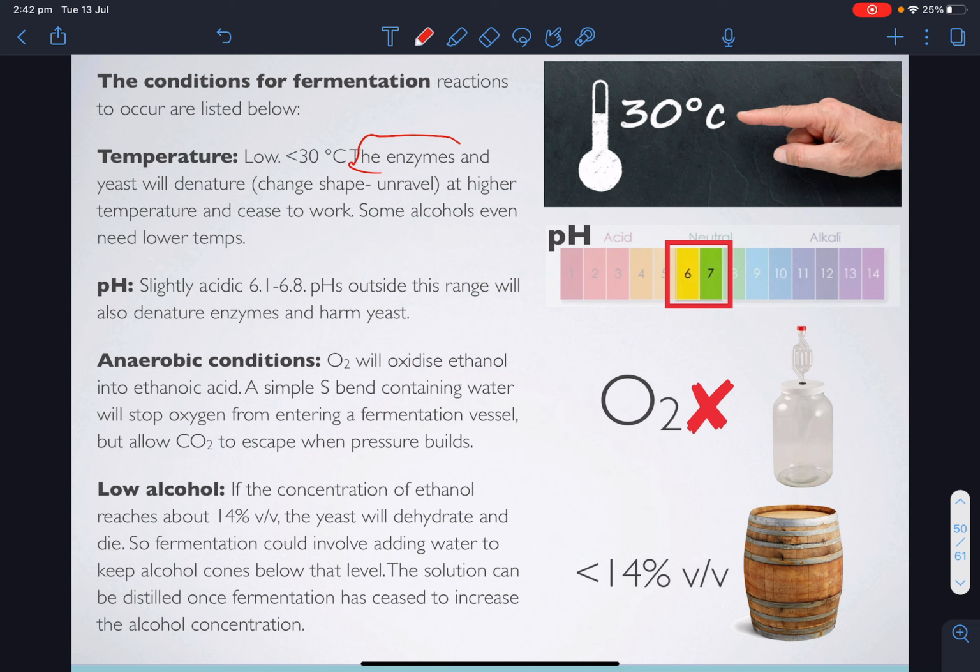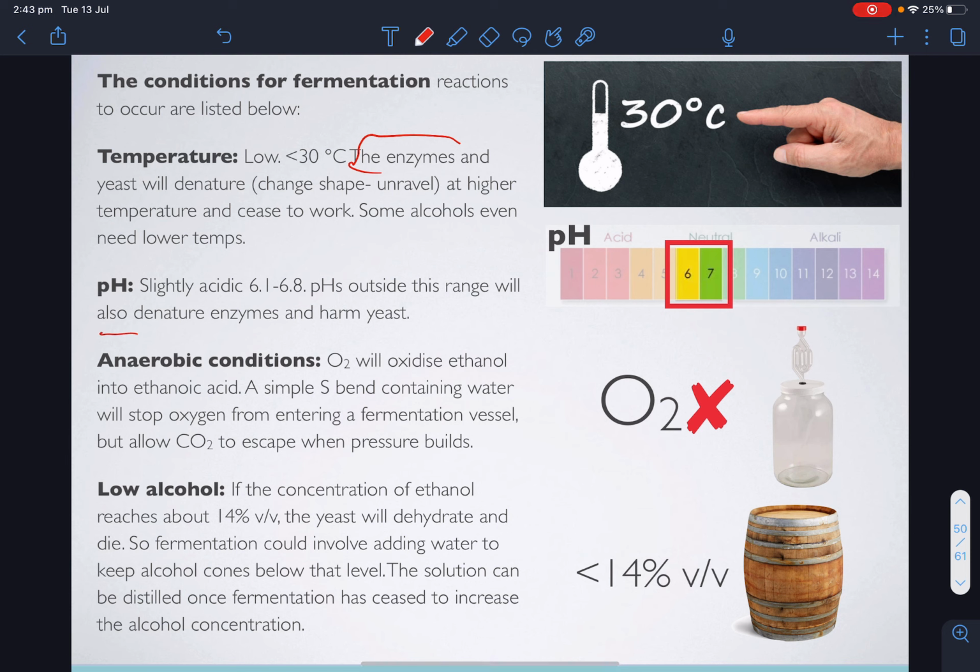The fancy biological word is denature. Some alcohols and some yeast even need slightly lower temperatures than that. So if it gets too high, those enzymes are going to unfold and not do their job, and then the yeast won't do their job, and the whole thing's not going to work.